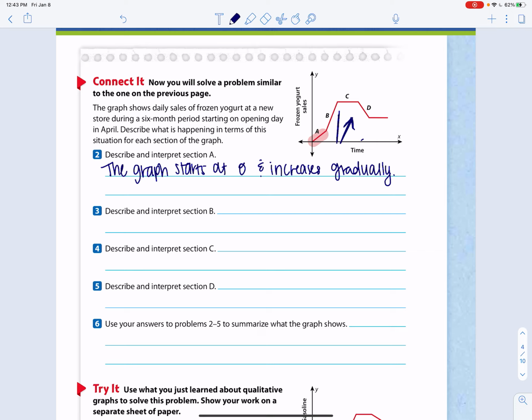Okay, but it's pretty much diagonal, so that lets us know that it's gradual. So when it's diagonal, you can say that it's gradual. All right, that's a generalization you can make. All right, so then this lets us know, just to put it in realistic terms, the store has just opened and the sales are increasing. All right.